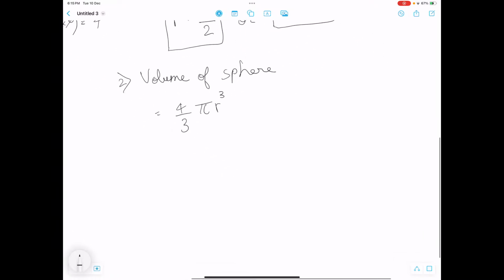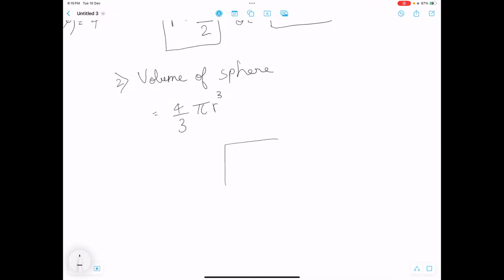Now here things become a little different, because if you see the model of FCC again, suppose this is a molecule, this is a molecule, and the middle molecule, if I make it down, looks like this. So there are four radiuses which make up one edge length.